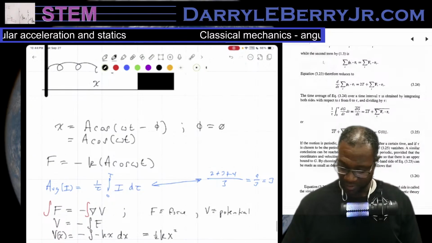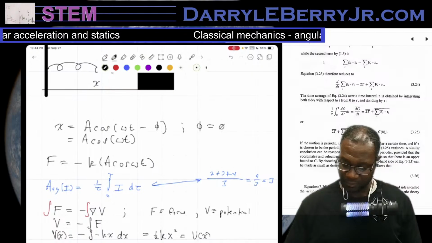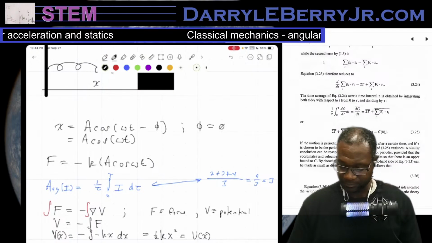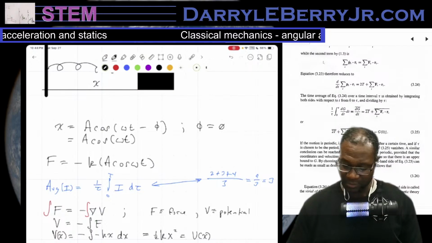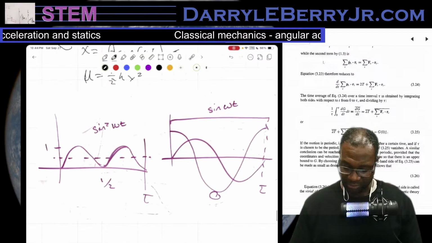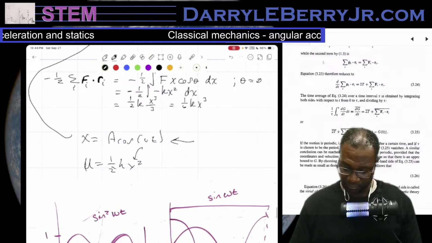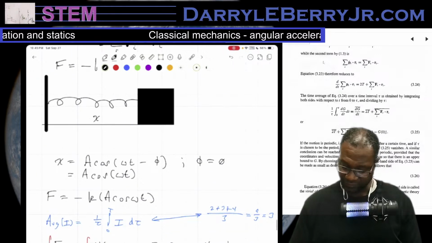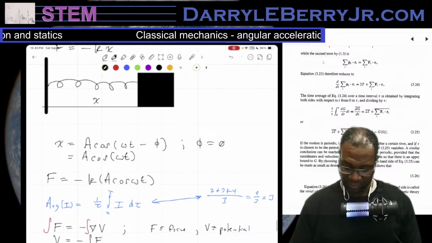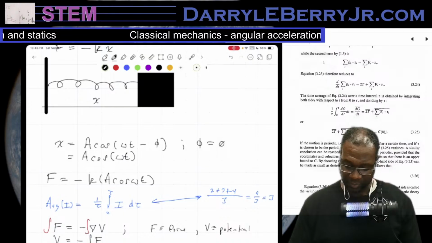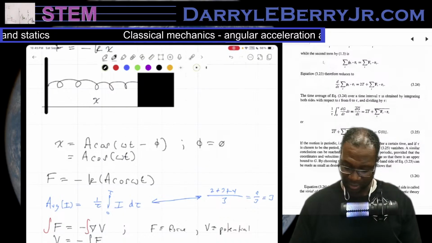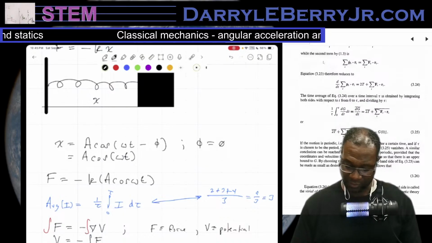So we have that. So this is the potential in x. So let me see if I can remember how this relates. The potential is 1/2 kx squared. x is that. So x squared would be a squared cosine squared omega t.